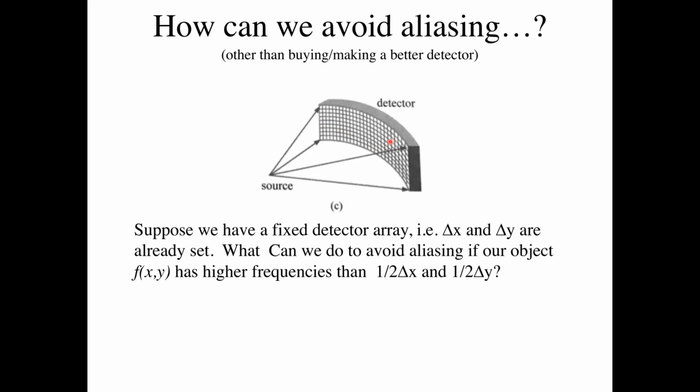One way of doing that is, is there a way to filter your signal before it hits the detector such that those high frequency edges aren't in there, right? That is usually not done in CT. You usually just let the projection hit the detector and you deal with it later.